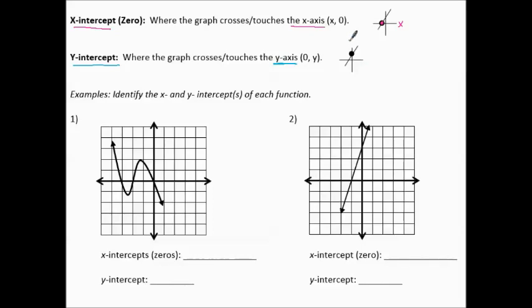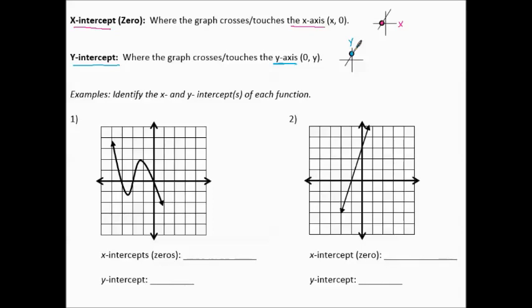Notice here how here's my y-axis. My line here is touching the y-axis right there. That's my y-intercept. We have written here how you would write them as points. (x, 0) would be your x-intercept. (0, y), whatever your y value is, would be your y-intercept. And we'll talk about that more in class.